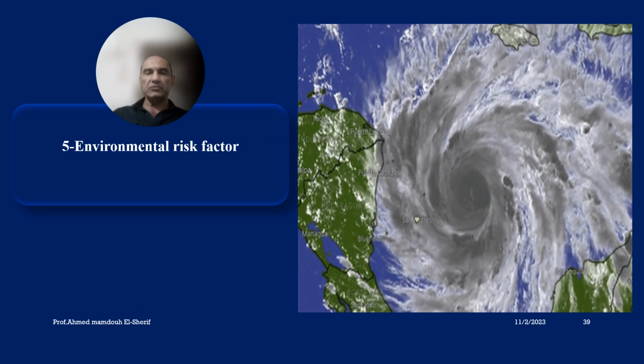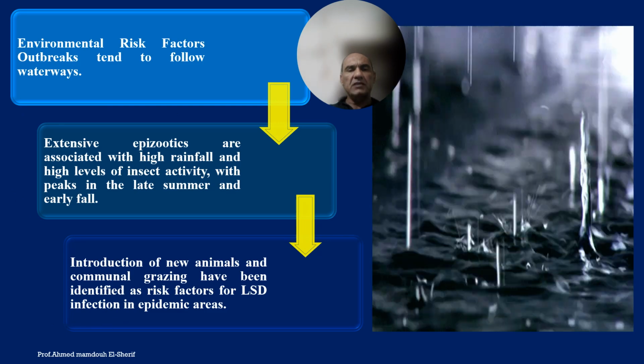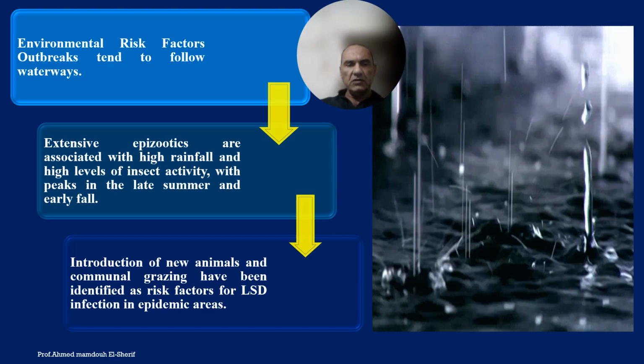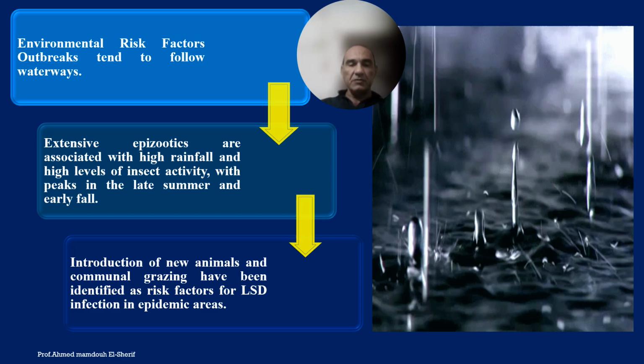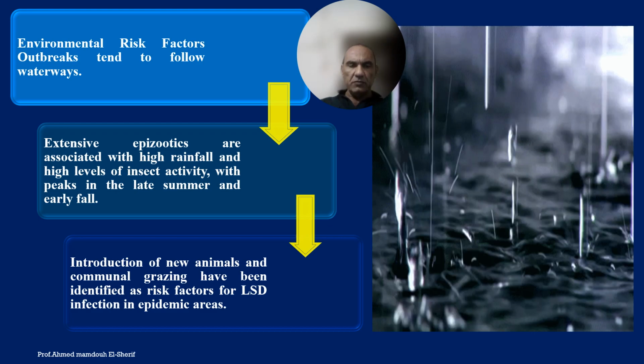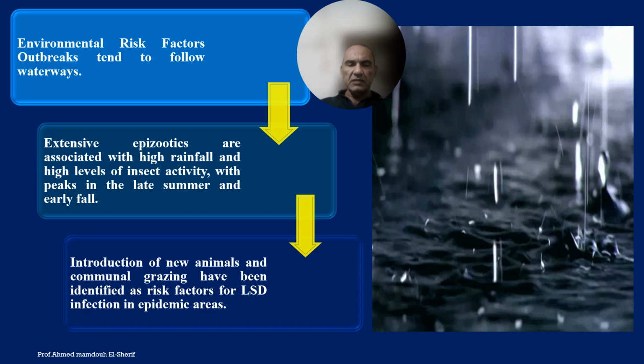Environmental risk factor. Outbreaks tend to follow waterways, meaning that extensive epizootics are associated with high rainfall seasons as well as high levels of insect activity, with peaks in the late summer and early fall. Introduction of new animals and commingled grazing have been identified as important risk factors for lumpy skin disease infection in epidemic areas.